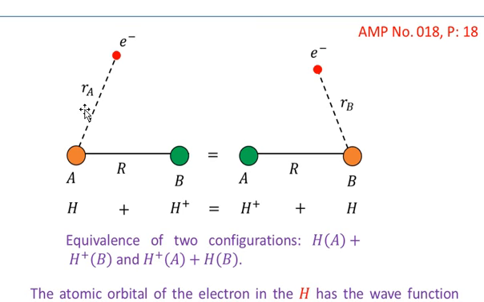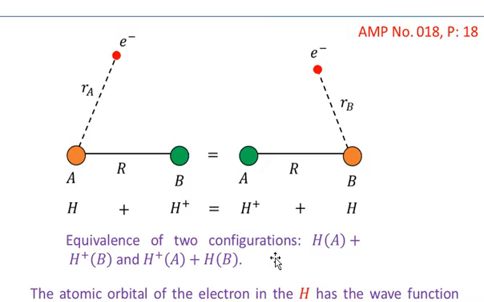And you know that in the left figure, rA is the distance of the electron from the nucleus A. And on the right hand side, I have the figure in which the electron is at a distance rB from the nucleus B. For the left hand side molecule, I can write it as H plus H+, and on the right hand side, I can write nucleus A as H+, that is the ionized hydrogen atom, plus B with the electron, which can be written as a hydrogen atom, because it has the nucleus and the electron connected with it.